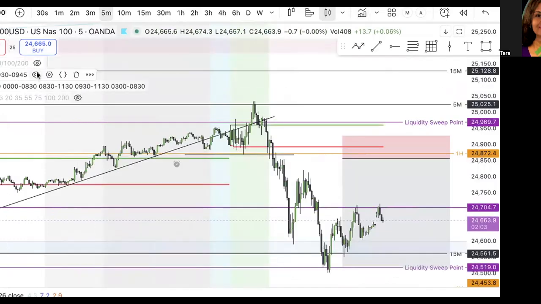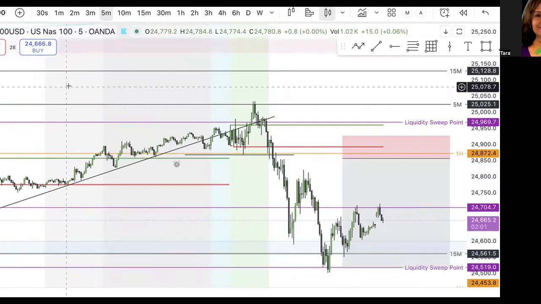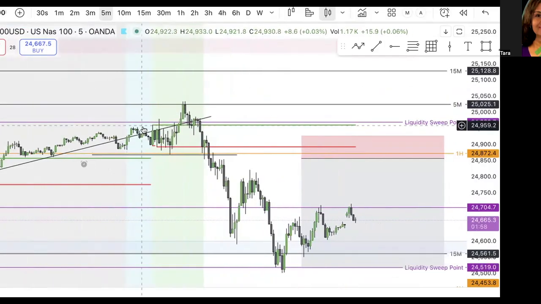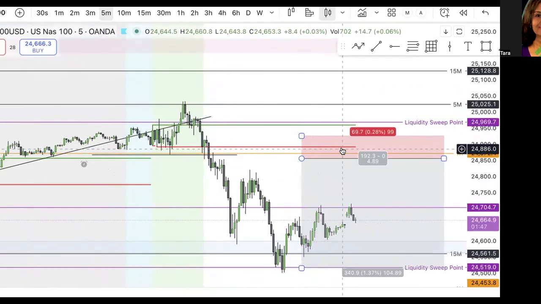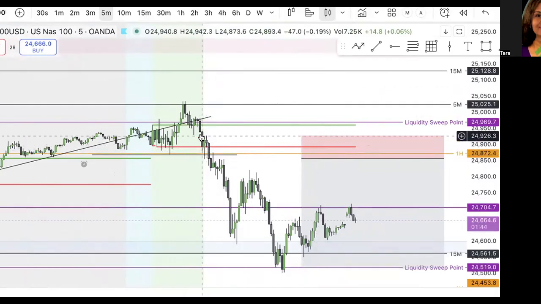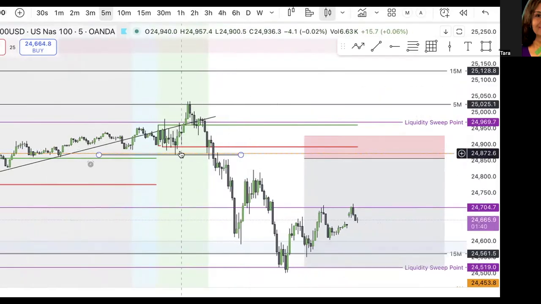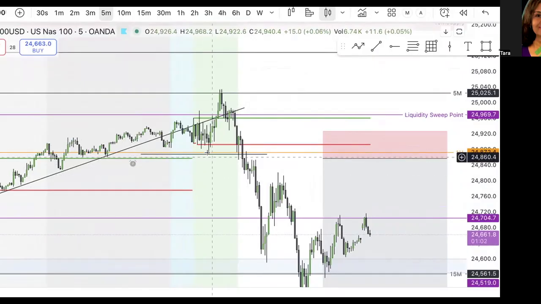You could click on it so you could show where it is on the 5-minute time frame or 15-minute time frame, and you can see that there's a green line here that tells you it's okay to take a trade to the upside once it crosses the green line, and here's a red line which shows you it's okay to take a trade to the downside once price has crossed and then retested this red line. And it's pretty close to where we drew our line. So if you wanted to use an indicator, you could do that as well, just to help confirm that it's a good time to take your trade.